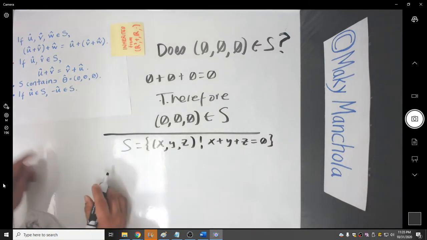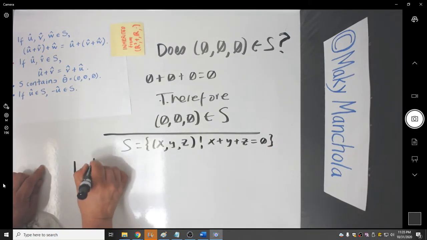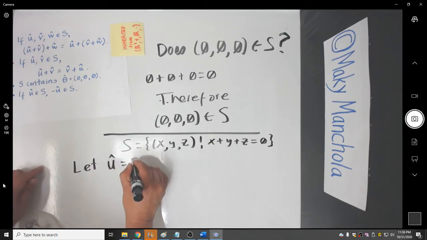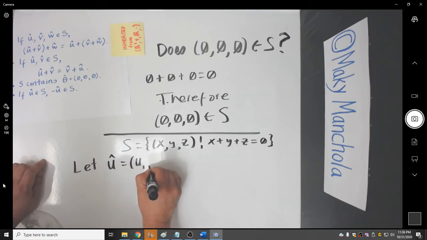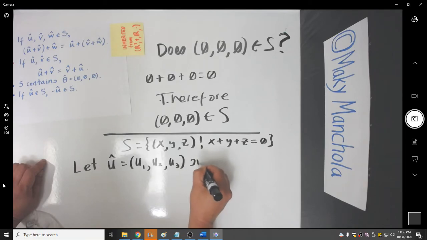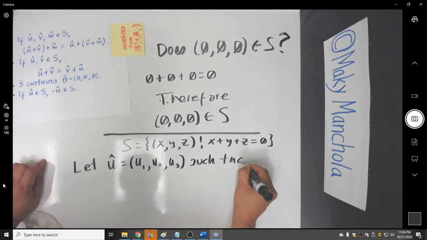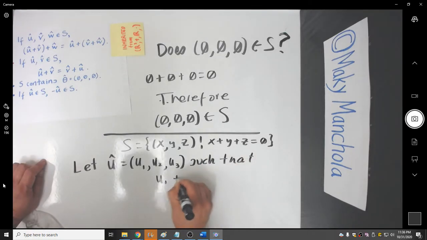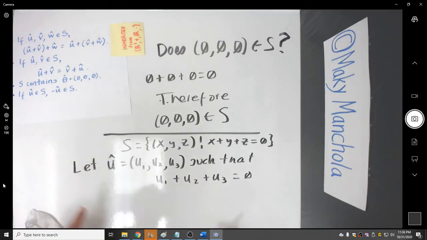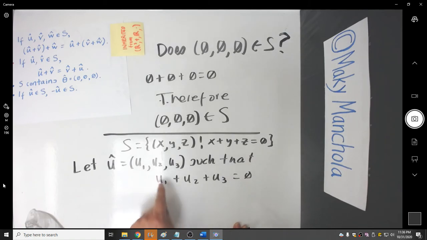Okay, so let U belong to S. If you tell me U belongs to S, then the sum of its entries equals 0.